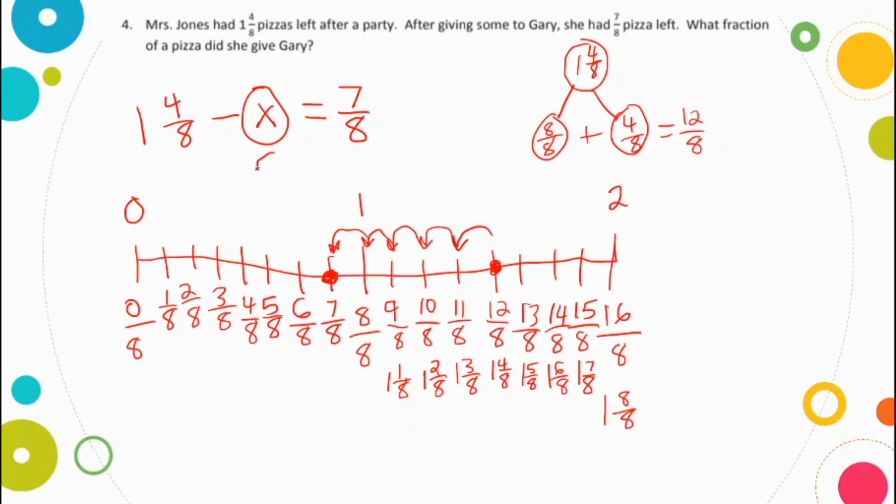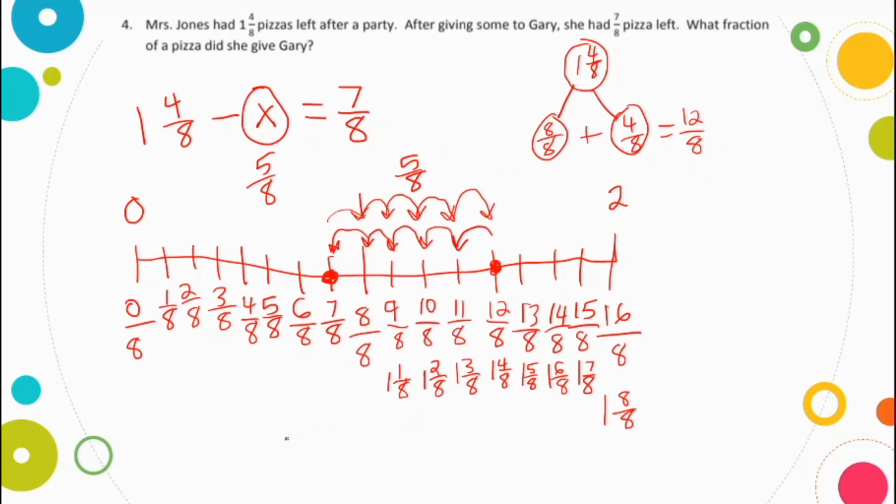So x has to equal 5/8. Well, we can also count up and double check. We know that we have 7/8 left over. Let's count all the way up to what we had beforehand. So that's 1/8, 2/8, 3/8, 4/8, 5/8. So either way, if we count back or count up, we end up with 5/8.